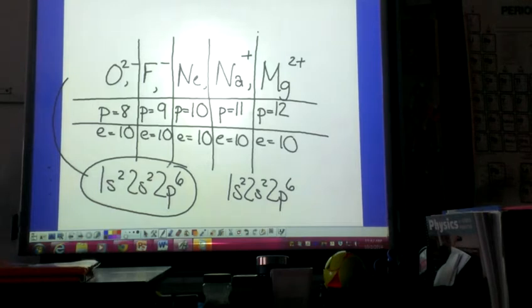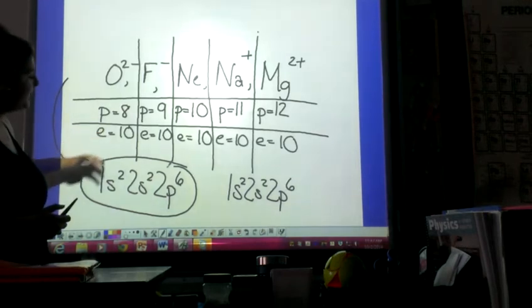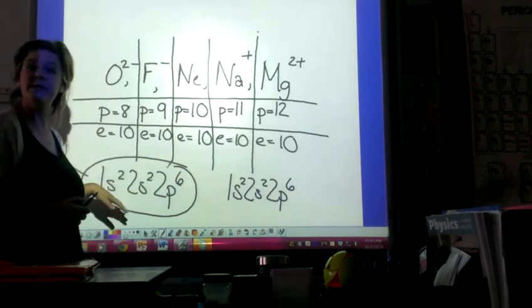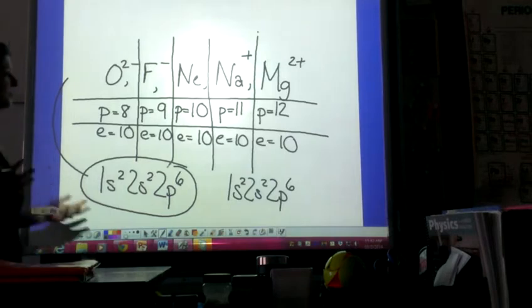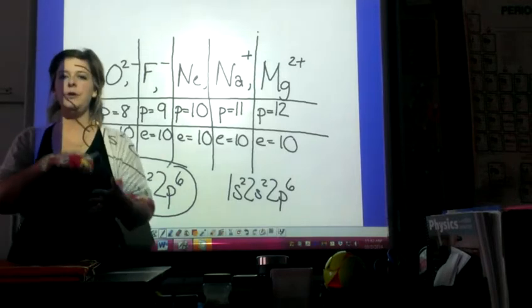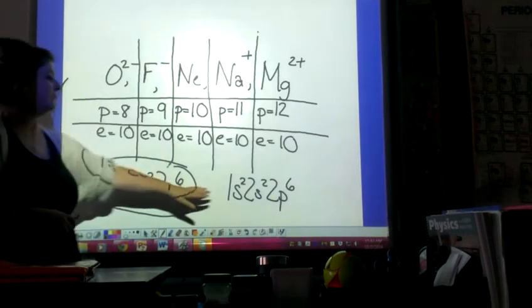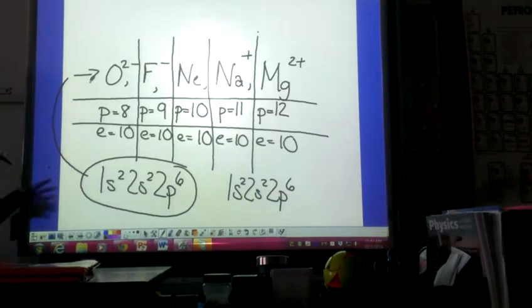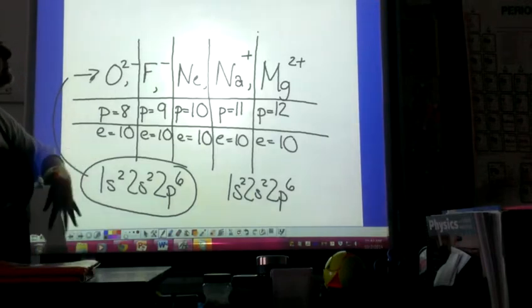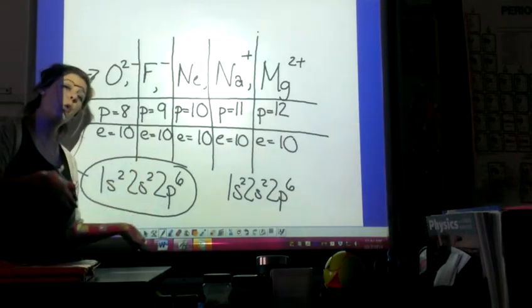So I see that isoelectronic ions have an equal number of electrons, meaning they have the same electron configuration. But if I also want to think about their effective nuclear charge, if this is the electron configuration all five ions have, then what are my valence electrons and what are my core electrons?